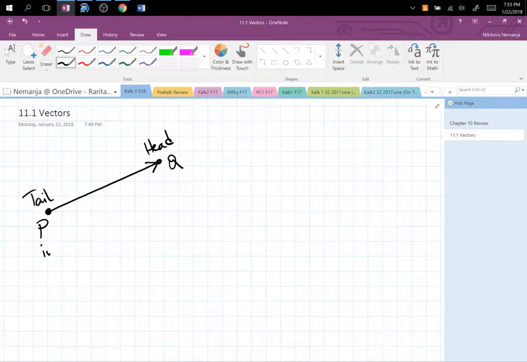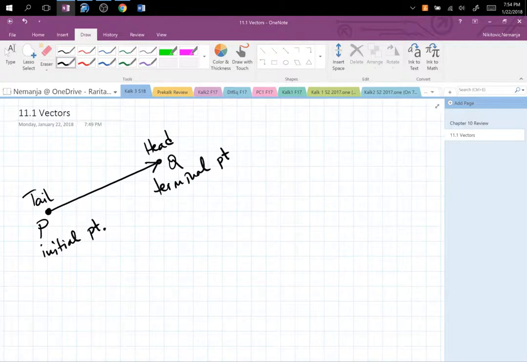So initial point and terminal point. And a vector can have any number of dimensions. There is also a zero vector, which is just a point. It has a 0 length. It has no direction. Just a point.